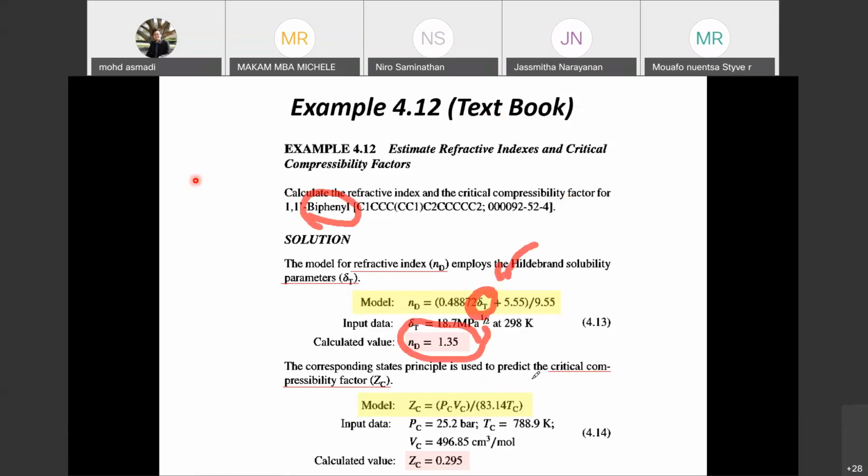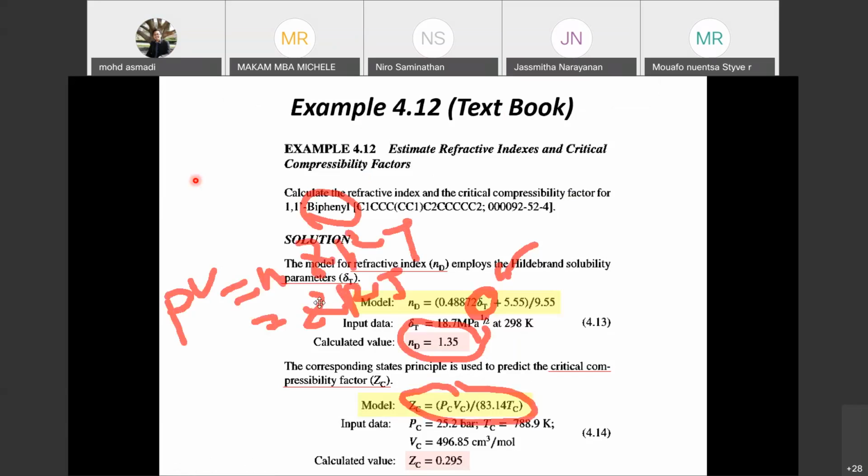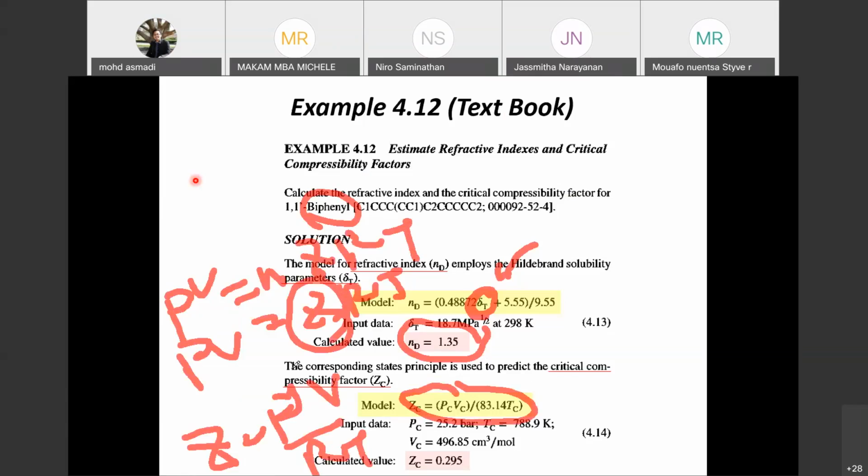However, for the compressibility factor, if you remember this equation, PV equal to NZRT, or equal to ZRT, just rearrange these in terms of Z. So PV over RT.